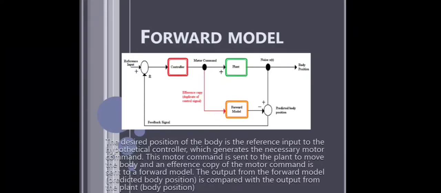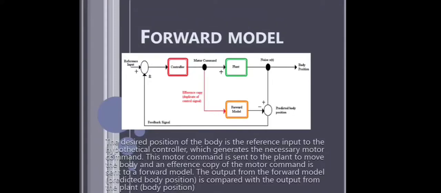Oh, okay. This is another diagram. The desired position of the body is the reference input to the hypothetical controller, which generates the necessary motor command, and then this motor command is sent to the plant to move the body, and a reference copy of the motor command is sent to a forward modal.